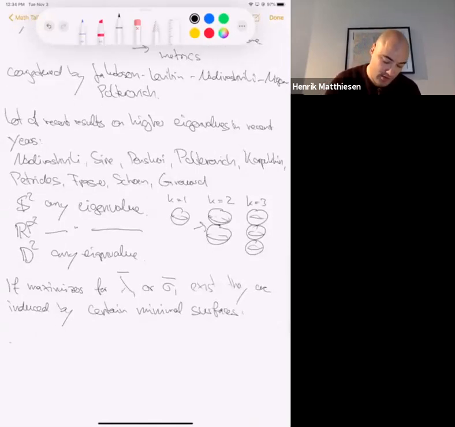So for lambda 1 bar, this is minimal surfaces. I should emphasize it's only immersions into round spheres.